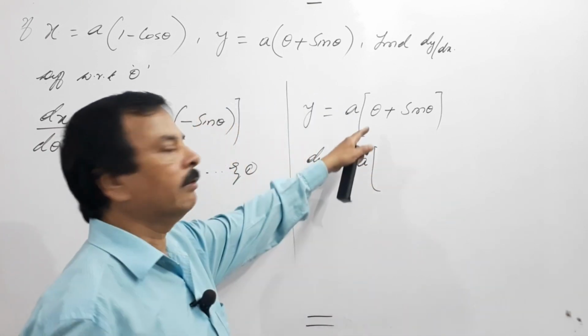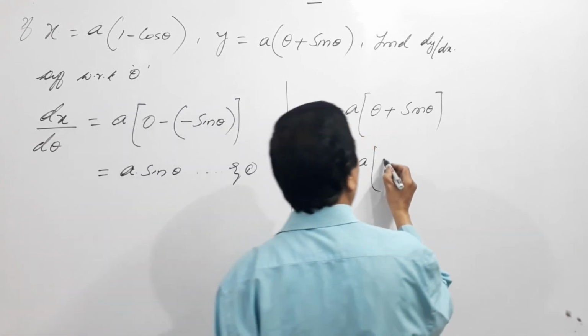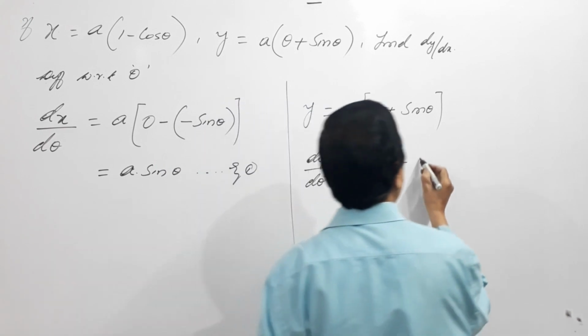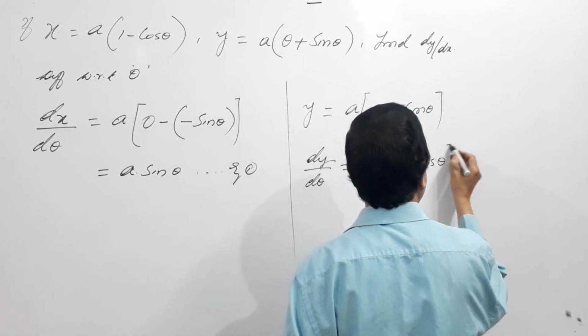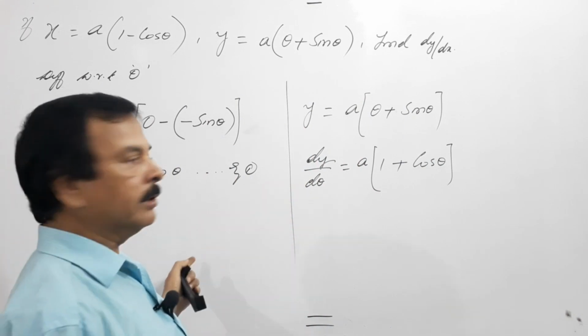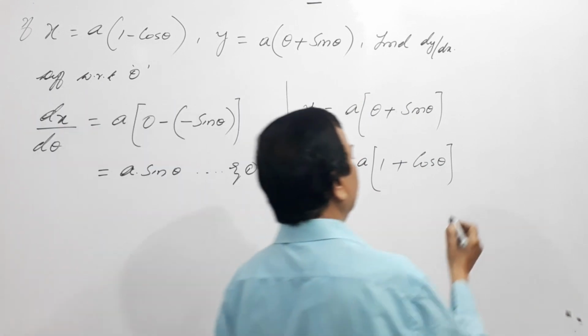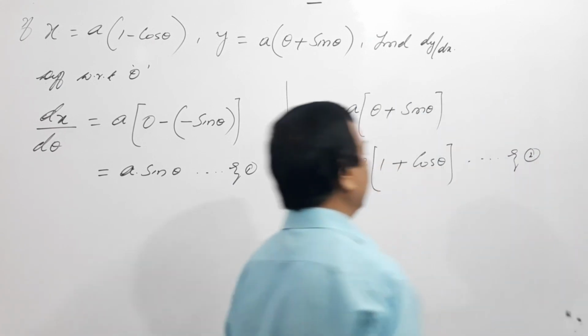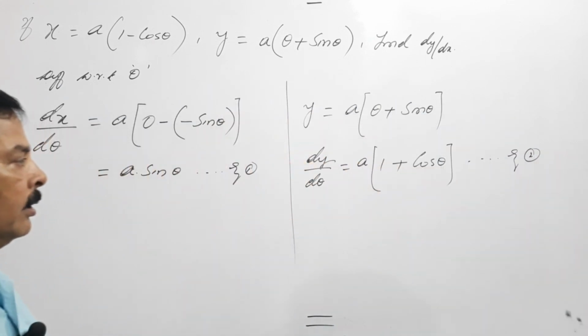If you differentiate theta with respect to theta, it becomes 1. And if you differentiate sin theta, it becomes cos theta. Now how to solve this? You have to divide 2 by 1, isn't it? So this is equation 2.